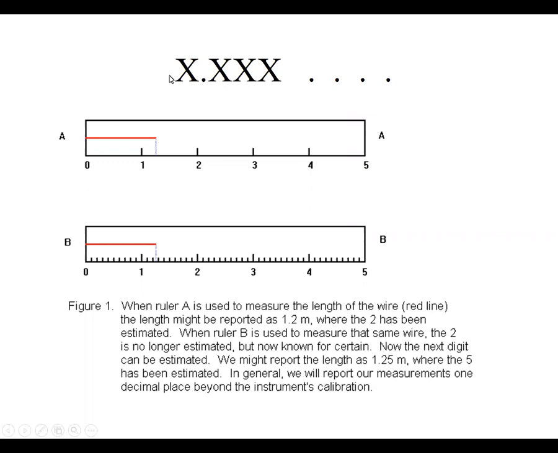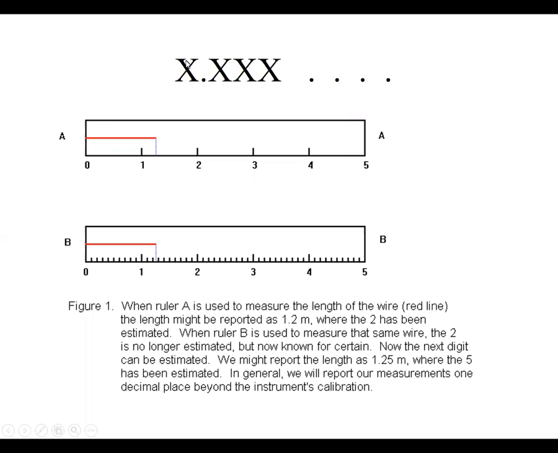And so you fill in your digits until you get the one that you don't know for certain. And you can carry that first uncertain digit because you can reasonably estimate what that value is. But again, beyond that first estimated digit, you have no idea. So it would not be appropriate to try to get a number for the next x.